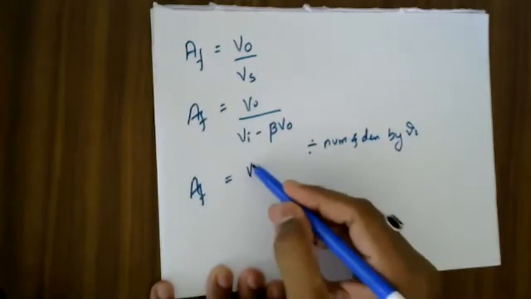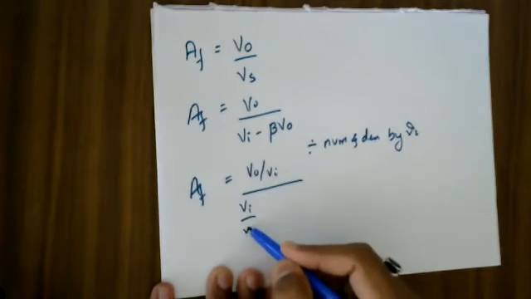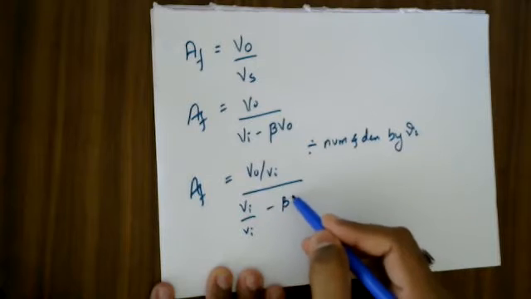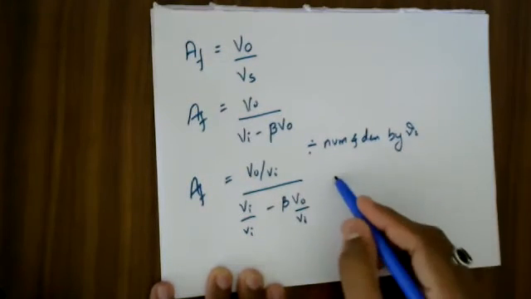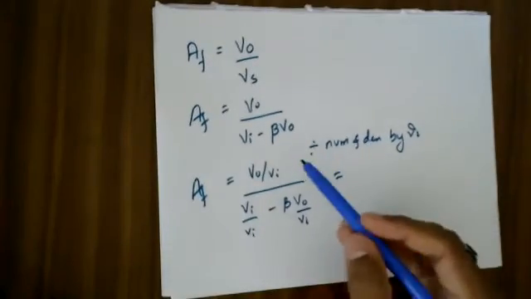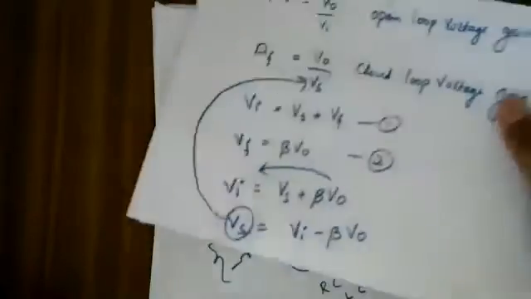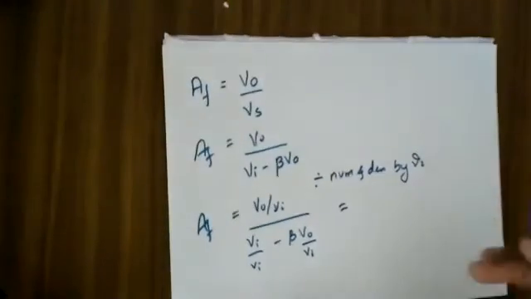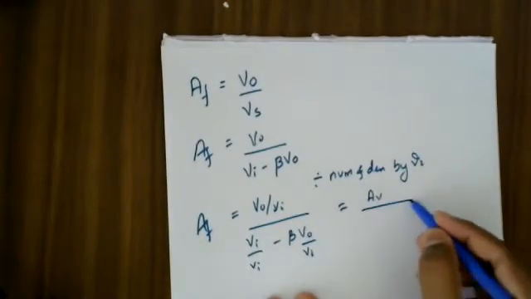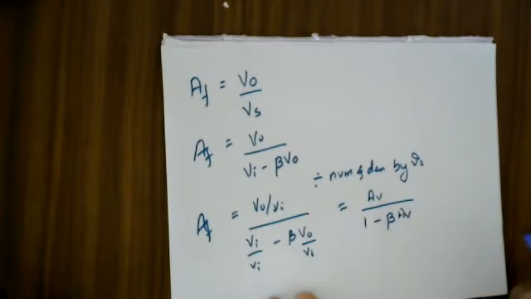AF is equal to V out by Vi divided by 1 minus beta into V out by Vi. Now, what is V out by Vi? V out by Vi is nothing but the open loop voltage gain of the circuit. So I can write this expression as AF is equal to AV divided by 1 minus beta times AV.